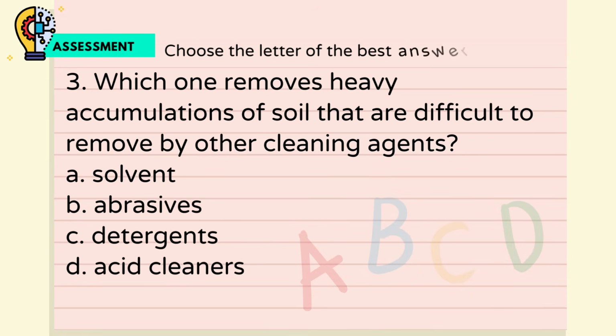Which one removes heavy accumulations of soil that are difficult to remove by other cleaning agents? A. Solvent, B. Abrasives, C. Detergents, or D. Acid cleaners. If your answer is letter B, abrasives, then you are correct.